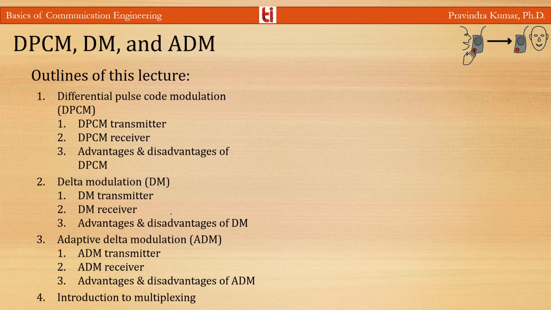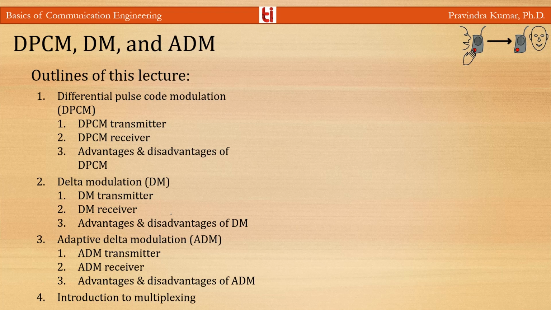Then delta modulation, the transmitter and receiver of delta modulation, and the advantages and disadvantages of DM. After this, we will discuss adaptive delta modulation, the ADM transmitter, ADM receiver, and advantages and disadvantages of ADM.